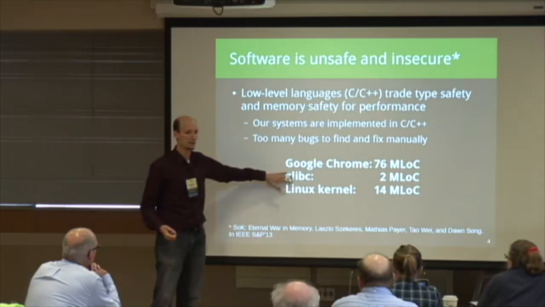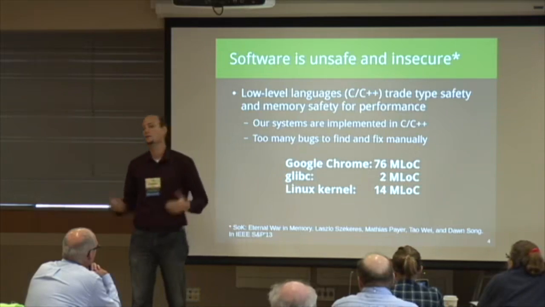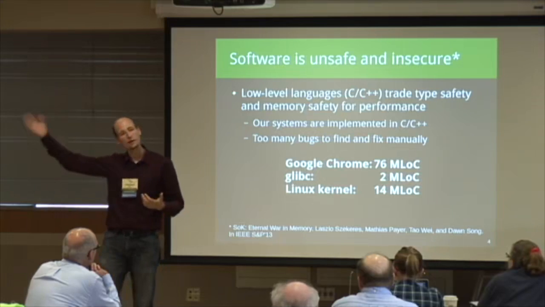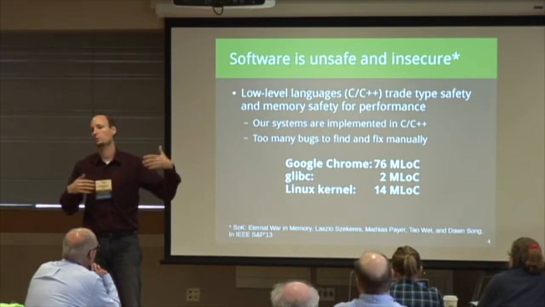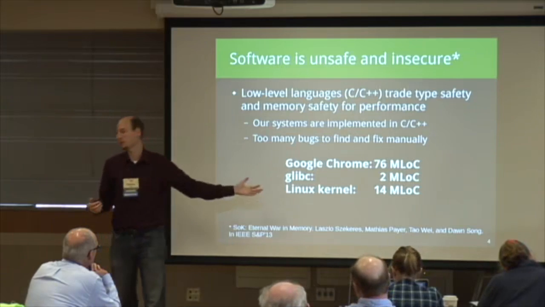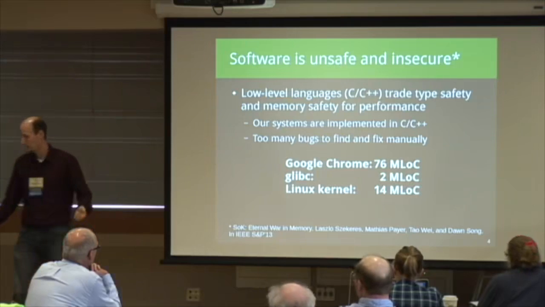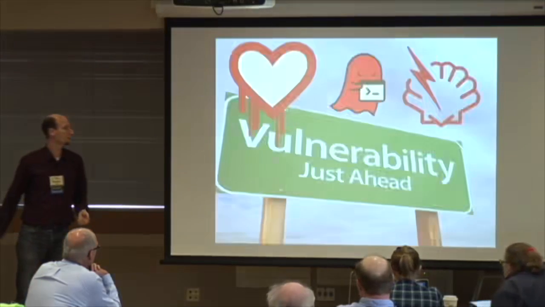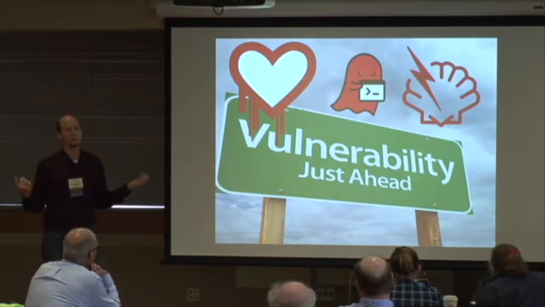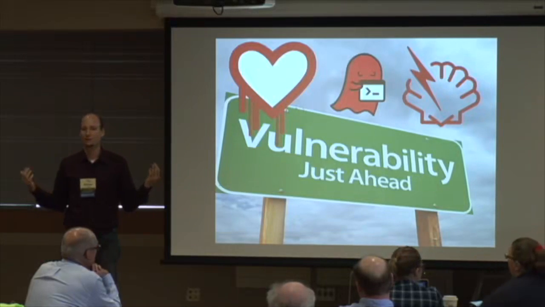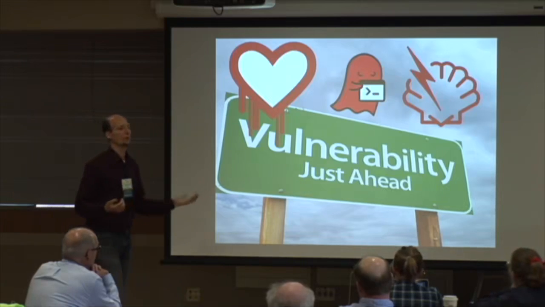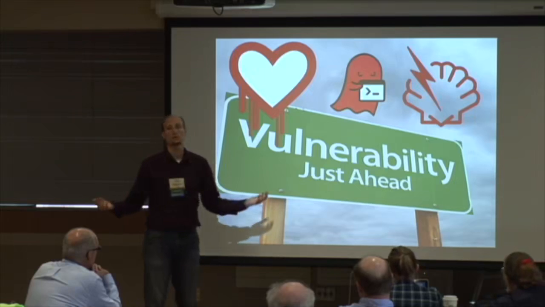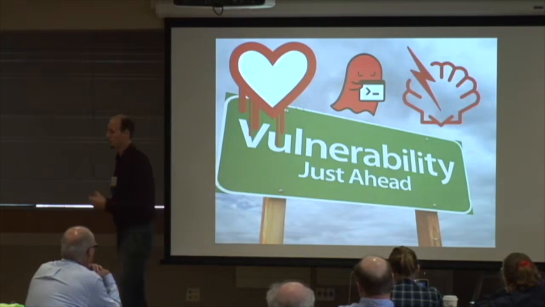And it relies on the standard libraries on your system, on your operating system kernel, and on the hypervisor in addition to that. So you're building the trust of your system on all these other systems that are implemented in a low-level language. And as we know, the next vulnerability is just ahead, waiting to bite us. We're now in a time where vulnerabilities scale and can be used to compromise a large number of systems.